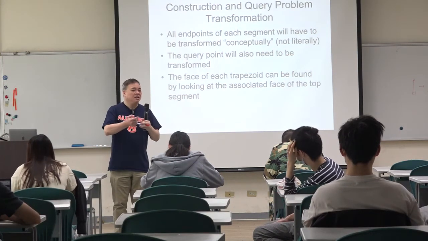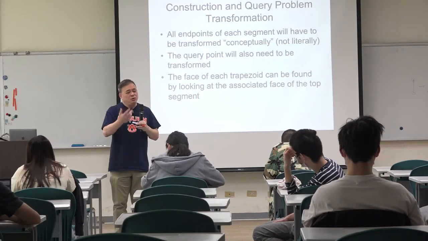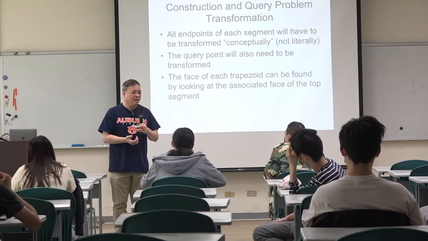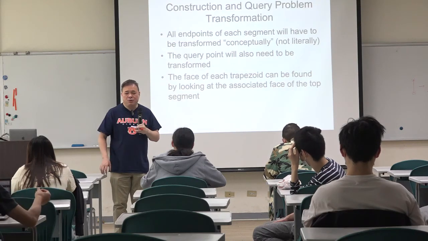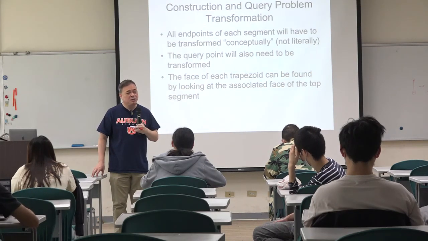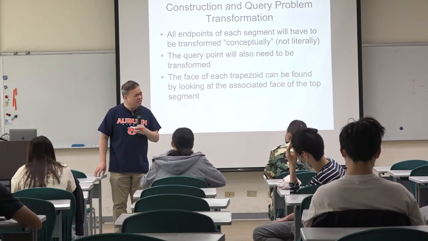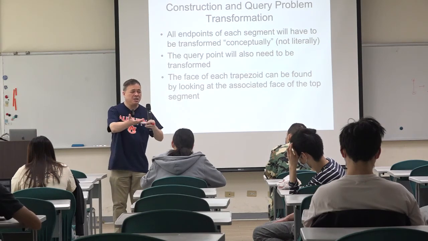Let me put it this way: the third assignment's due date will be after the midterm, or right on the midterm, because it's two weeks after the assignment is given. How can I give that back to you?